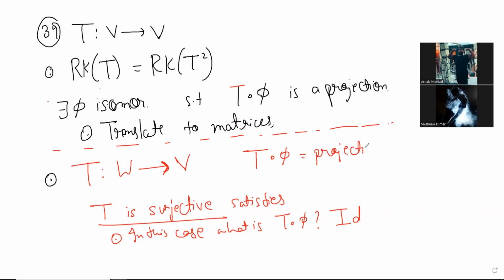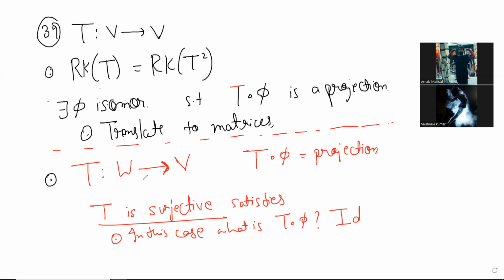That doesn't need V to be equal to W, I suppose. Or does it need? So we have proved this in that case.